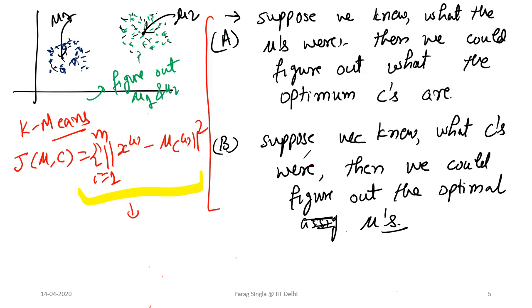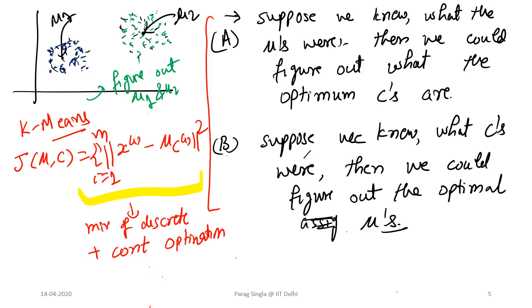Because this is a mix of discrete plus continuous optimization problems. There is a discrete optimization over the c's and a continuous optimization over the mu's, and directly optimizing this is difficult.